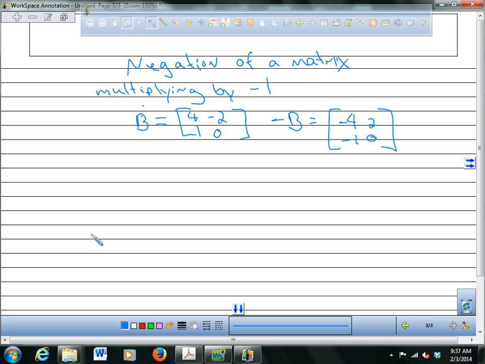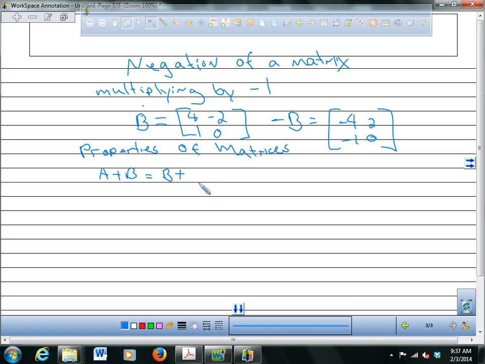A matrix plus 0 is equal to the matrix. That's easy. I'm just going to write down some of the properties of matrices. You have that A plus B equals B plus A. These are all matrices, okay?